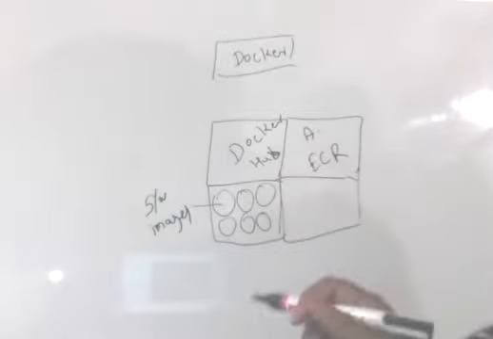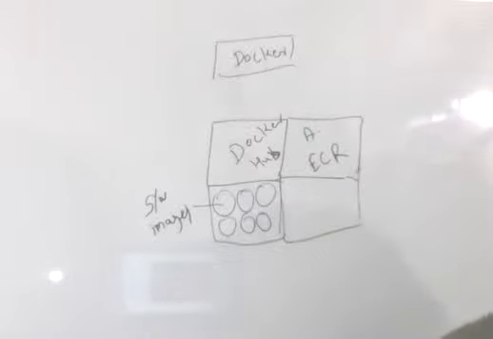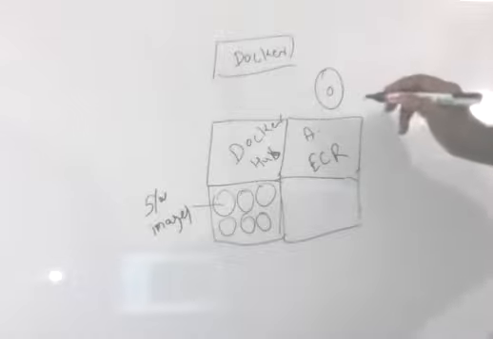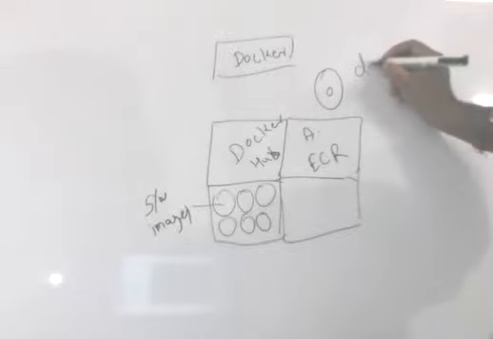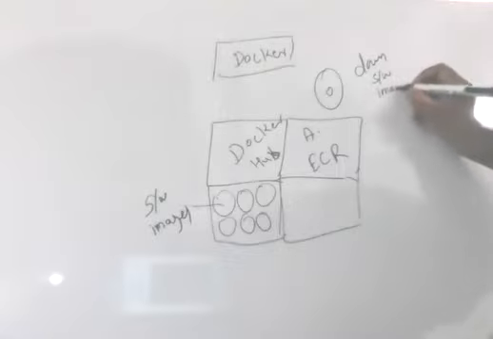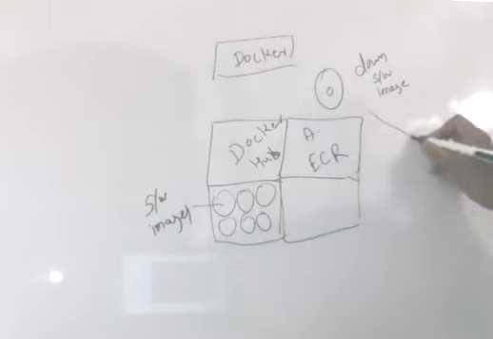Within Docker Hub you have a collection of software images. What does Docker do? It downloads a software image on your host machine.